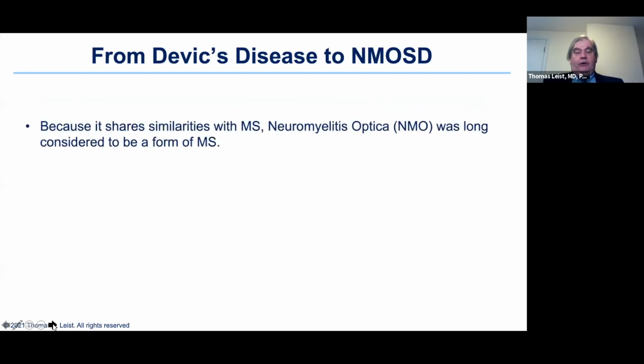Then we go for about 110, 115 years, where neuromyelitis optica was considered a form of multiple sclerosis, a more aggressive form of multiple sclerosis, but nevertheless belonging in the group of diseases that make up multiple sclerosis.